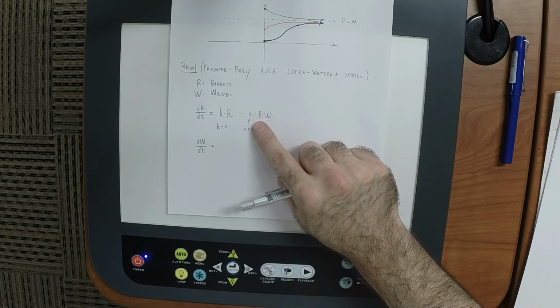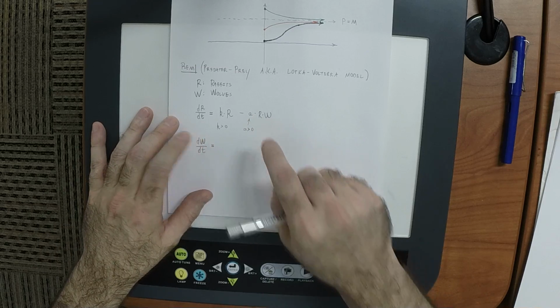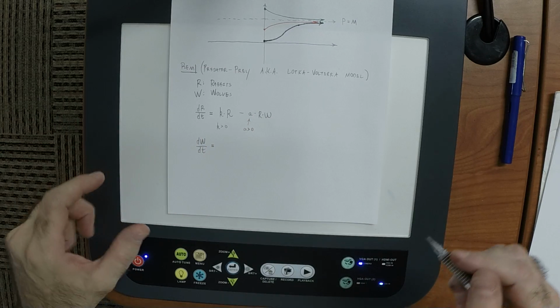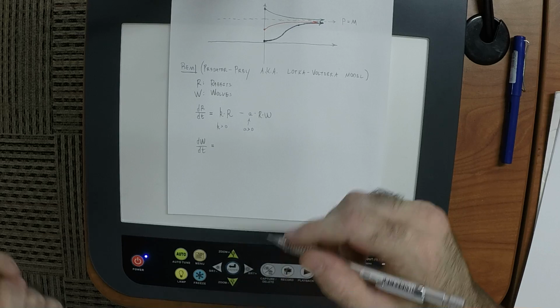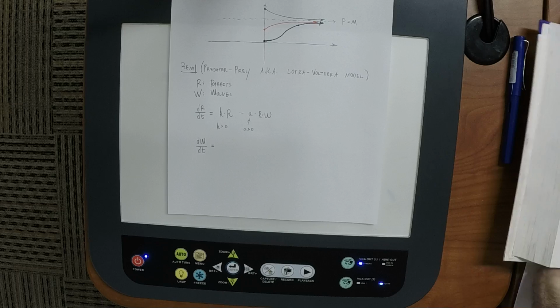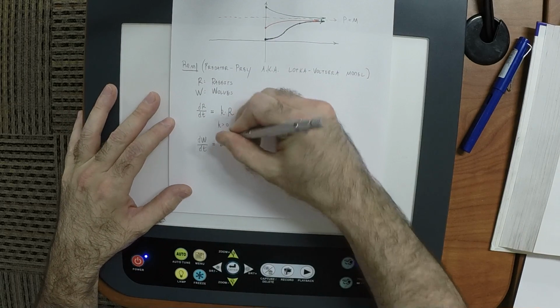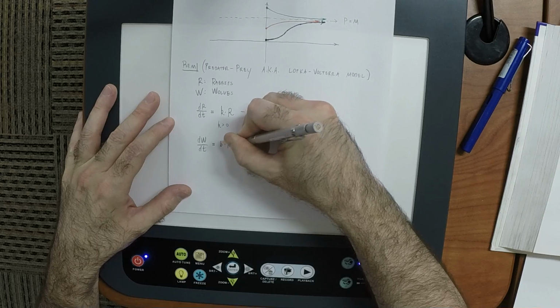As a result, we'll need something that's proportional to the number of wolves, and the end result is going to be this. So we'll have to have plus B R W.